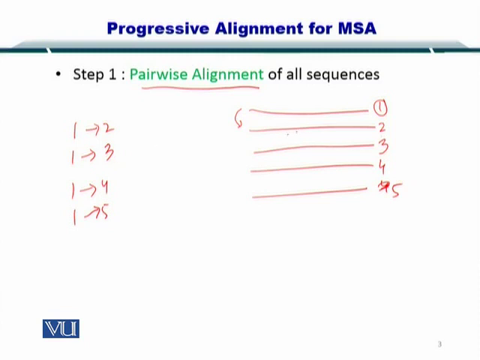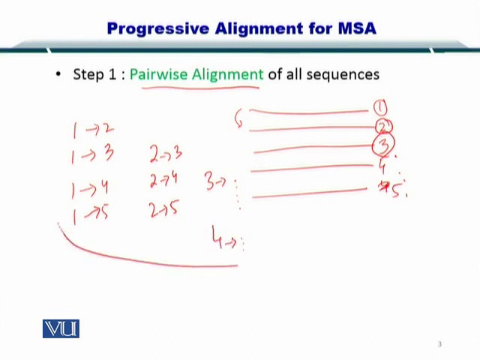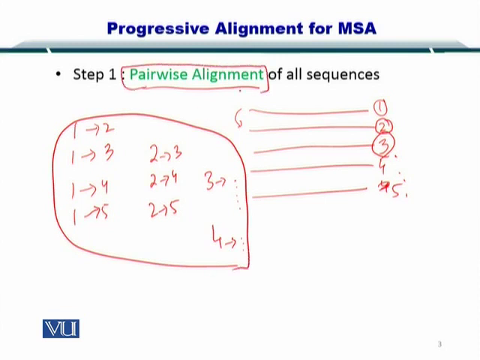So in this way, sequence 2 will also be aligned with all other sequences. And then this process will continue until all the sequence alignment combinations are created. So once you have these combinations of alignment, then you're ready to move to the second step.